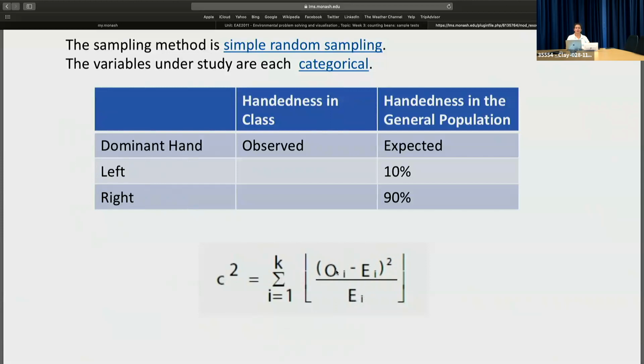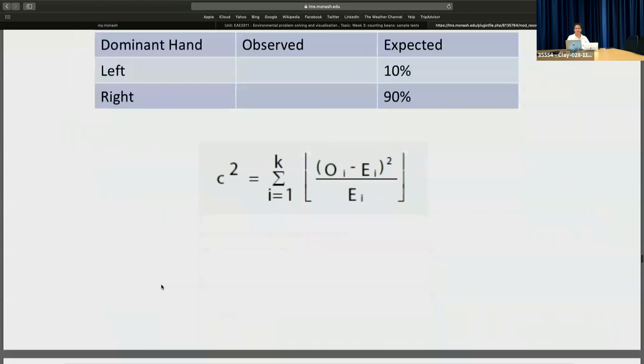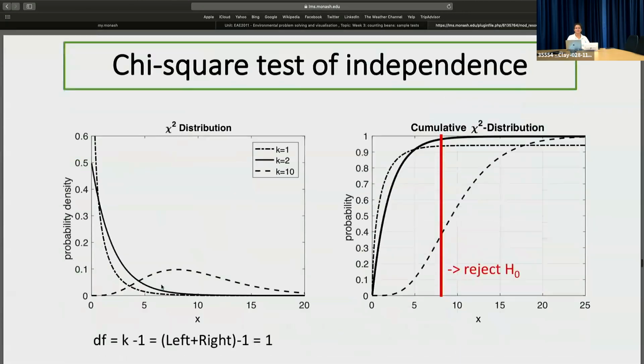Then I have observed left-handed minus expected left-handed, squared, divided by expected left-handed, plus, that's the summation sign, observed right-handed minus expected right-handed, squared, divided by expected right-handed, and all of those together add up to a chi-square. Now, what do I do with the chi-square?